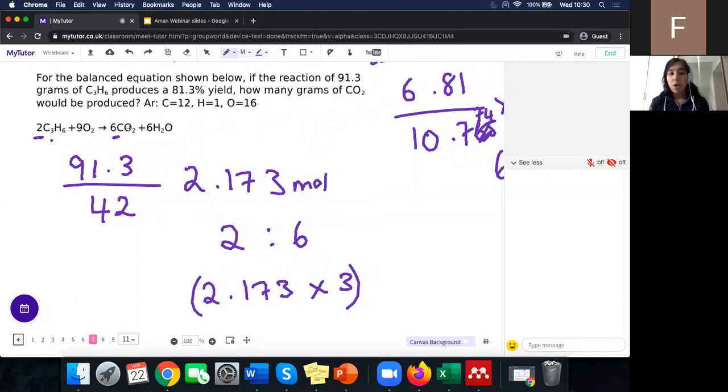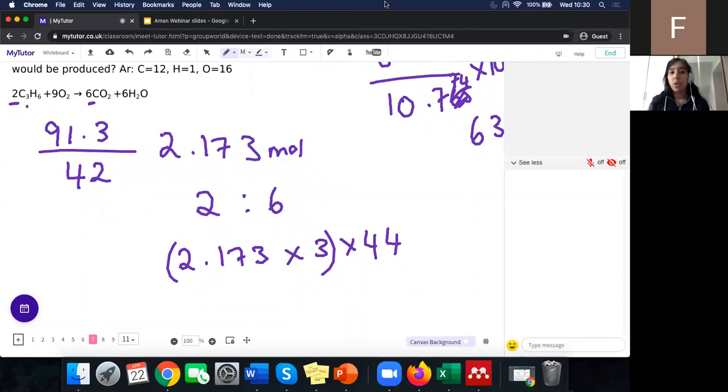So the MR of carbon dioxide is 12 plus 16 times 2, which is 32 plus 12, which is 44. So if we type that into the calculator, we should get the maximum mass of carbon dioxide that can be produced. So what's the maximum mass of carbon dioxide that can be produced? So 2.173 times 3, and then we multiply that by 44.